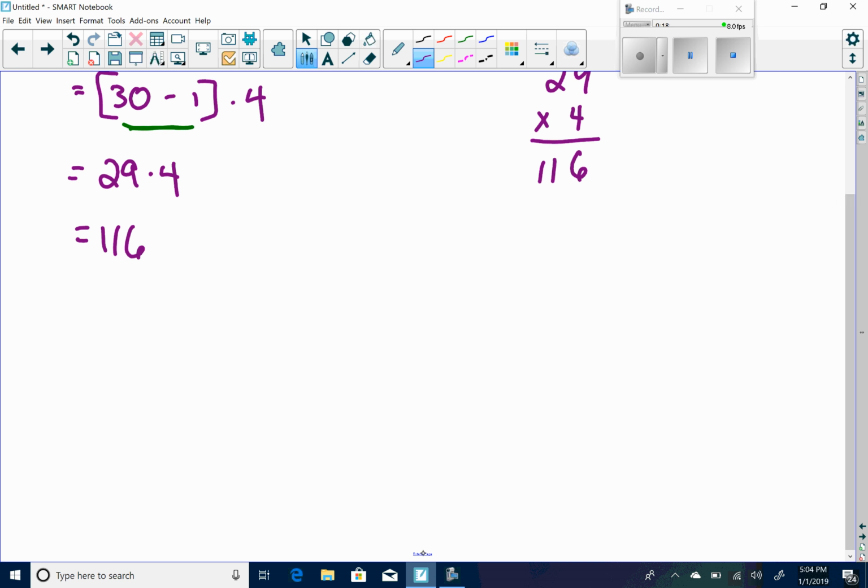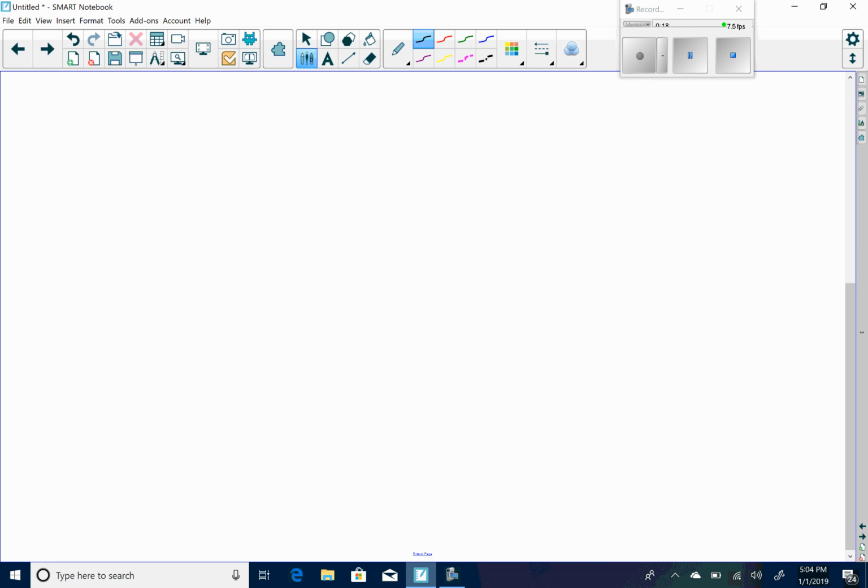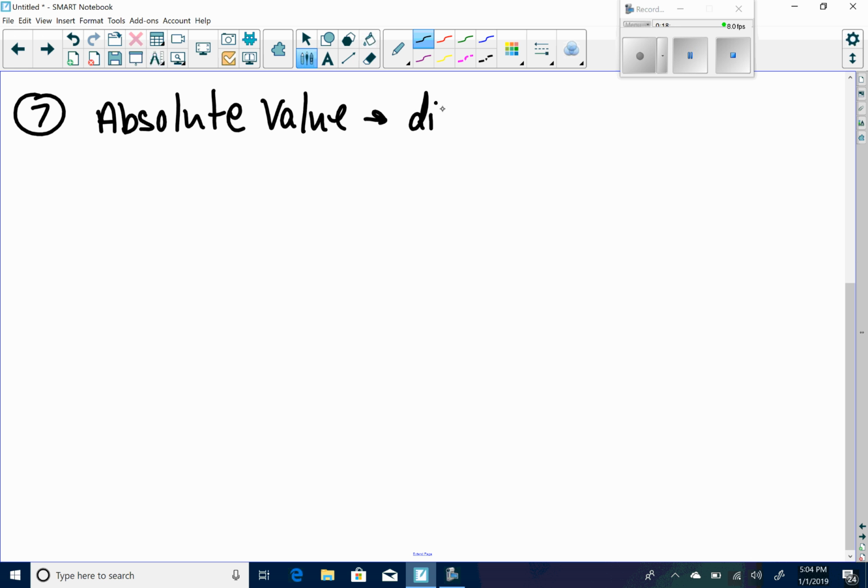All right, and I just wanted to show you a few more involving absolute value and then some with fractions. So if you remember, and this is a little lesson within a lesson, absolute value is always going to turn out to be positive because it's the distance that a number is from 0.